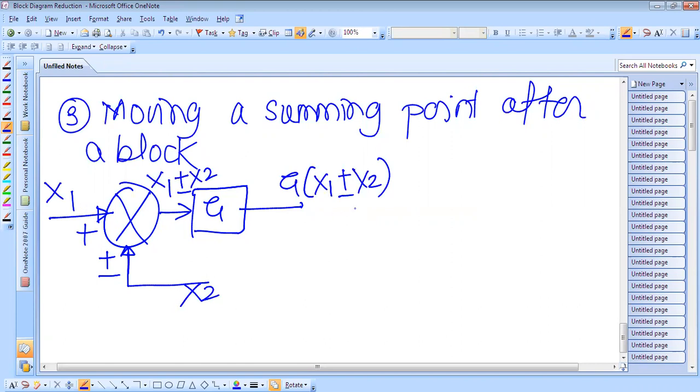In this way you should get the output at this point, but here we have to move a summing point after a block. If you move this summing point after the block, the output should not change. So the summing point after the block means this is G and this is a summing point.